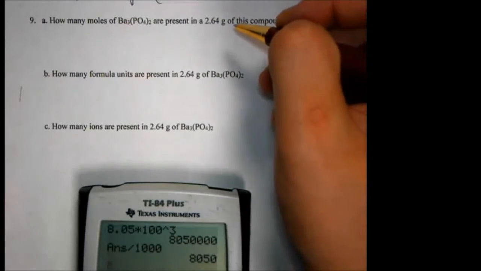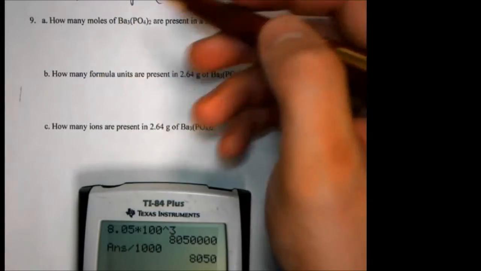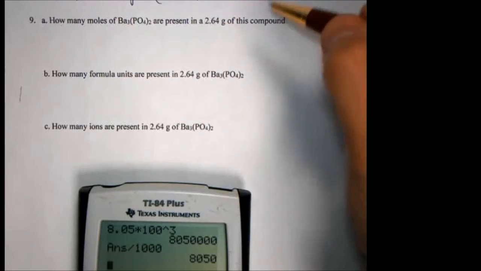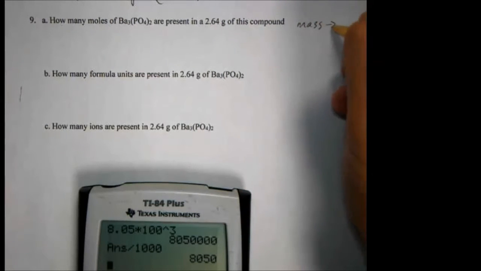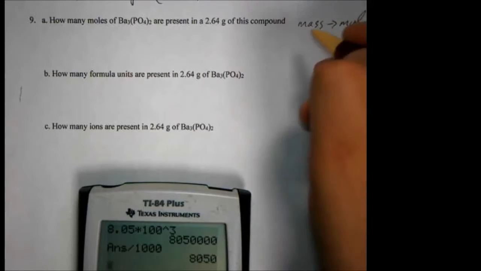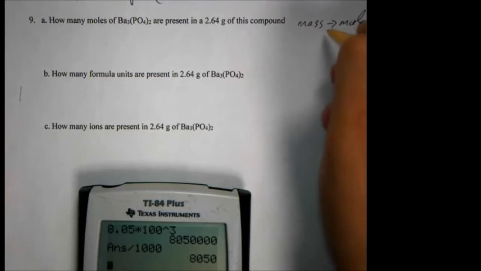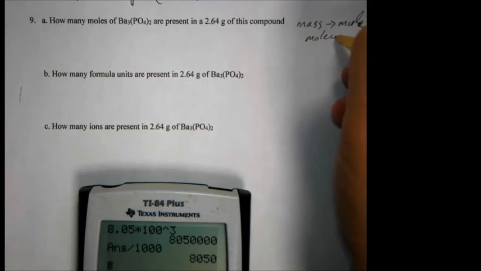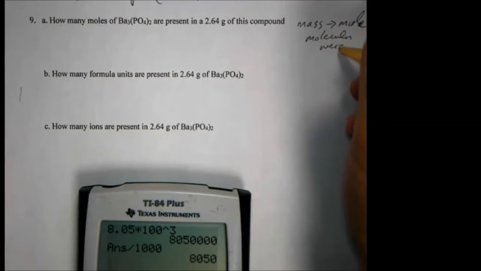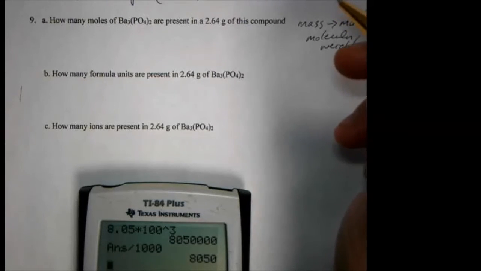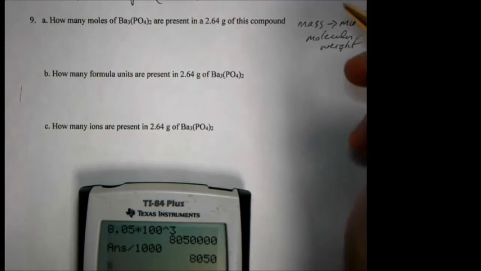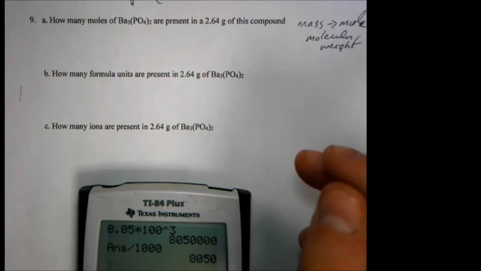So we know that in this case, we're doing a mass to mole calculation, so we're going to need the molecular weight. To calculate that, we can grab the molecular weights of barium and the other elements.